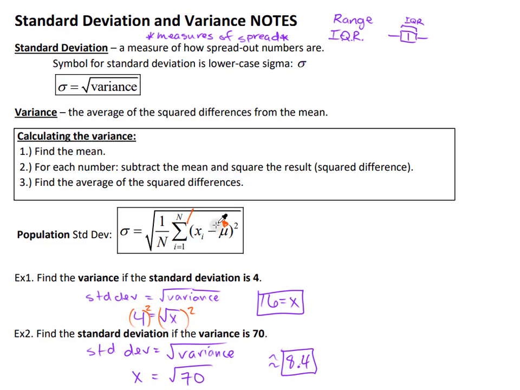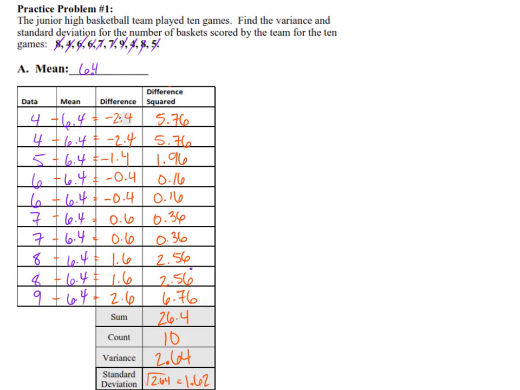And capital sigma here means to add. So you're adding all of them up from 1 to n, if there's n terms. Then, once we've added them all up, we divided by how many there were, divided by the count. That's what that was. And then we took the square root, gave us the standard deviation. Anyway, that's what this giant complicated formula does. It's exactly what we did here. Found the difference, we squared the difference, we added them all up, divided by the count, and then took the square root. Okay, so there's standard deviation.